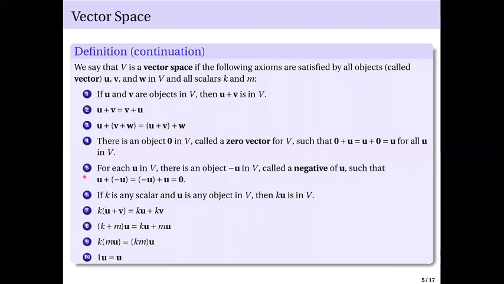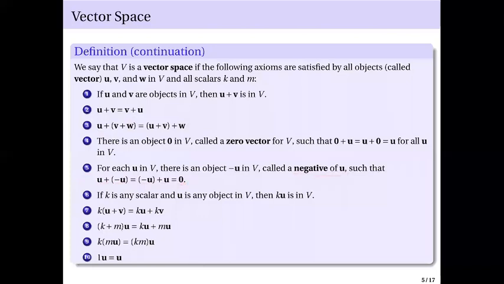Now, the fifth axiom: every time you get a vector u in V, then there must be a negative u in V. And this negative u, we call it the negative of u, and it satisfies u plus negative u must be equal to negative u plus u, and it must be equal to 0.